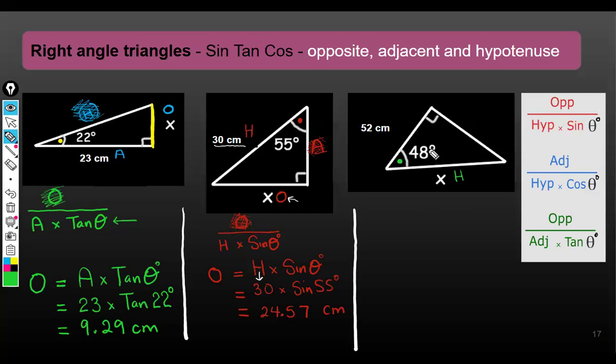Who is opposite the 48 degrees? This side here. He is opposite the 48, which means by default, the 52 is the adjacent. So who is useless in this question? Well, we want to find x, who is the hypotenuse.